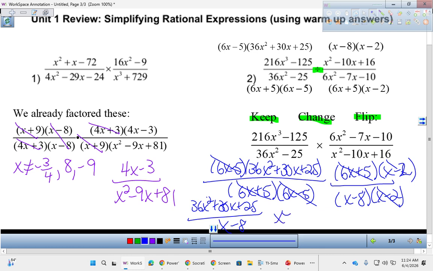X cannot be negative 5/6, positive 5/6, positive 8, positive 2. Right, the denominator is your restrictions.